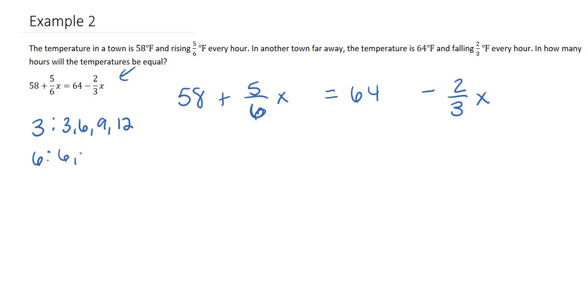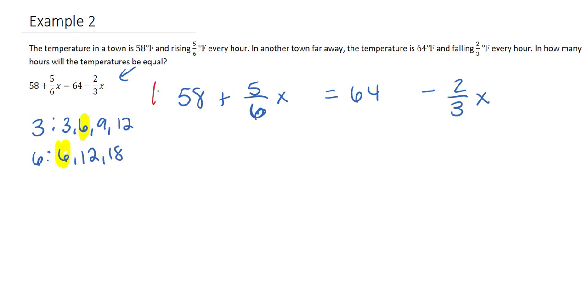We have 6, 12, 18. Now what's our least common multiple between them? It would be 6. We do also have 12, but it would make all the numbers bigger. And so just to reduce even further, we'll just do the least common multiple, which will become our least common denominator between the two, which would be 6.